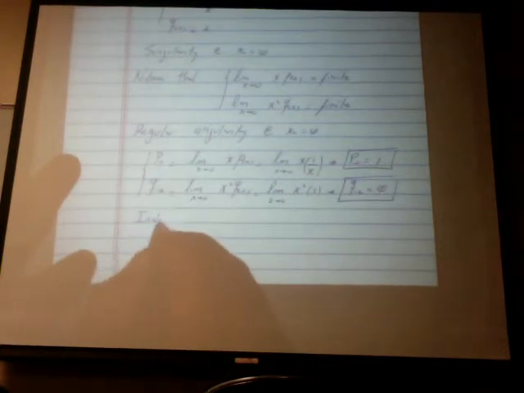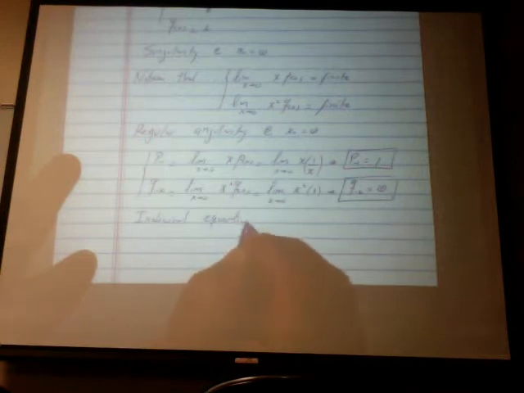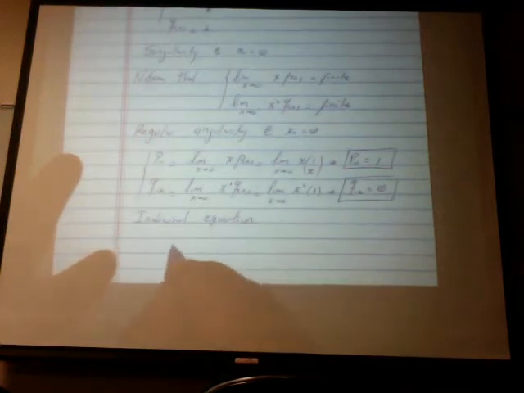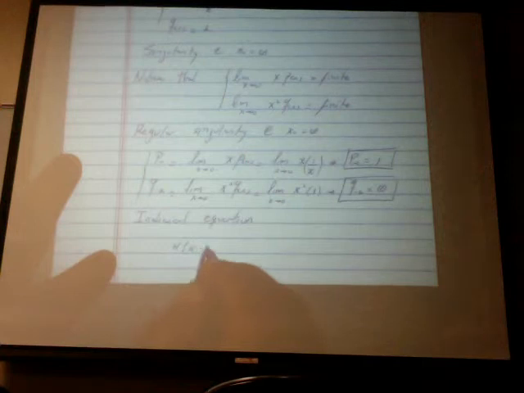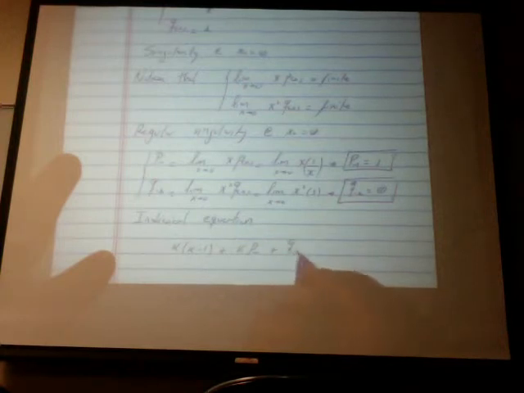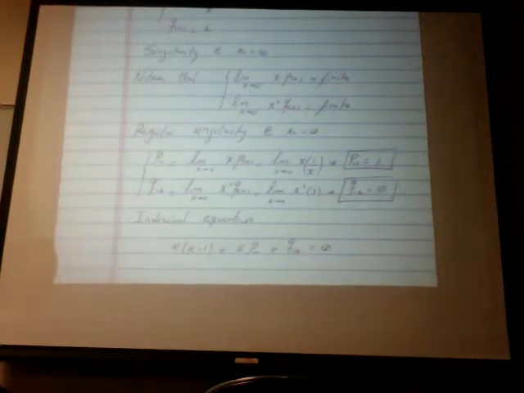So the indicial equation, remember, is k times (k minus 1) plus k times p minus 1 plus q minus 2 is equal to 0.